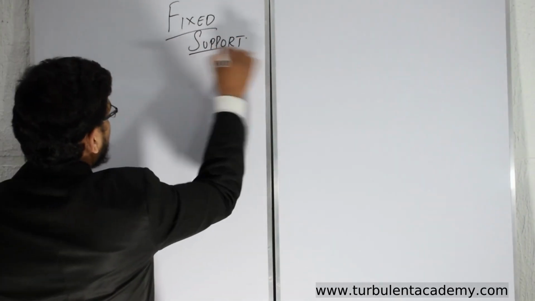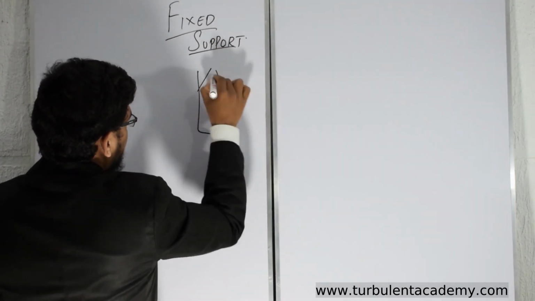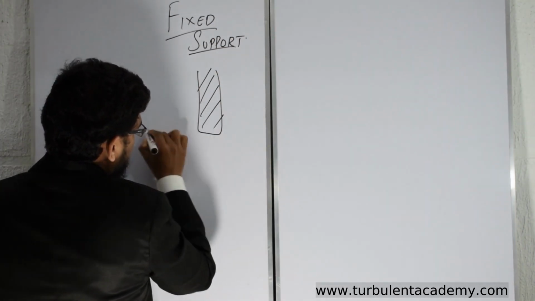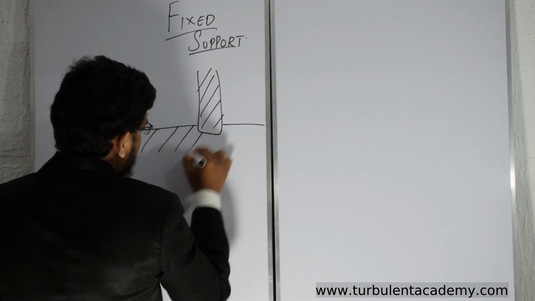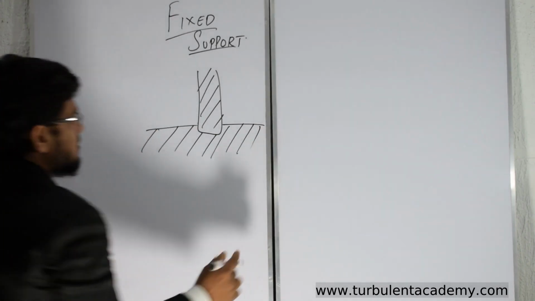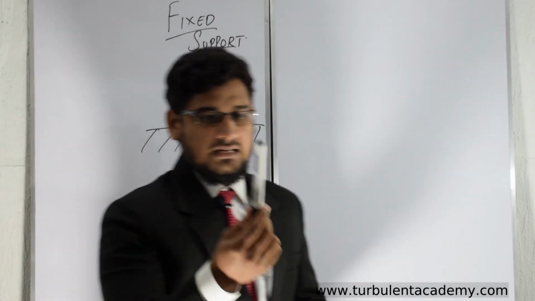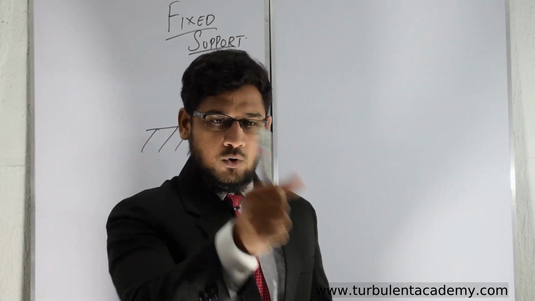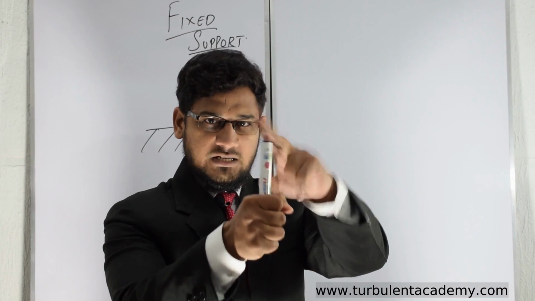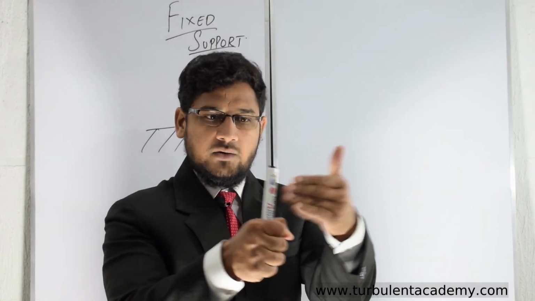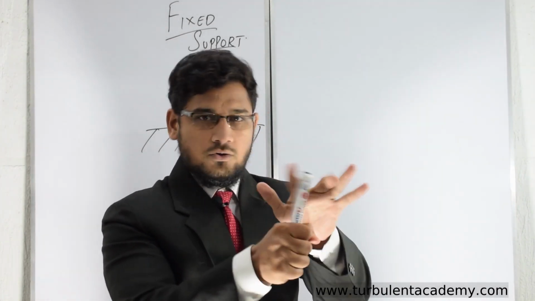Now we are going to see fixed support, in which we have a link or beam or cable which is fixed totally. Quite literally, I can make you understand using the same pen. I am holding it very tight. I can't push it down, I can't push it sideways, and I can't even rotate it.